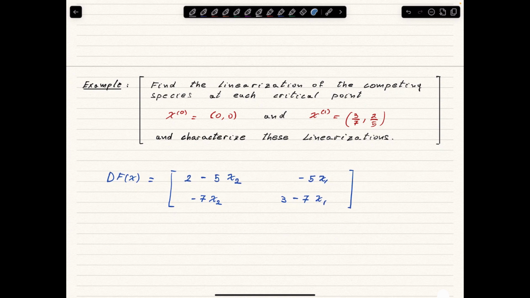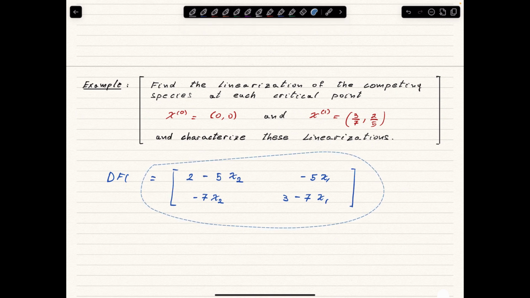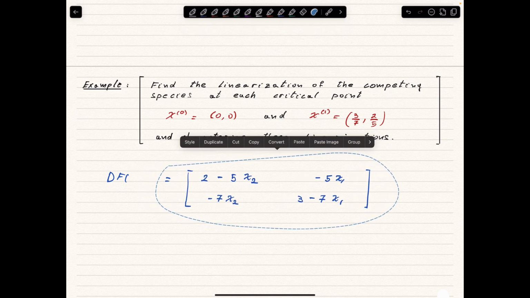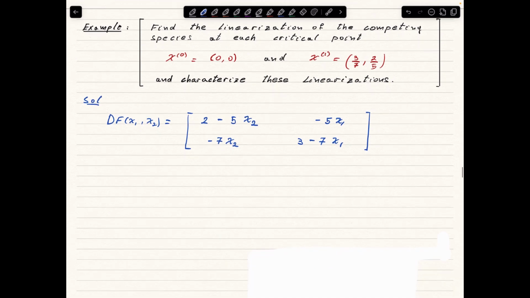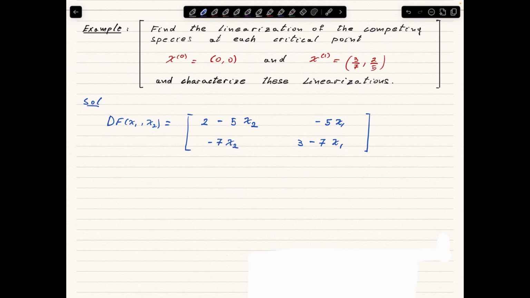And we are going to emphasize that this is a function of the point, so we are going to put here x1, x2. So we are finding the linearizations.